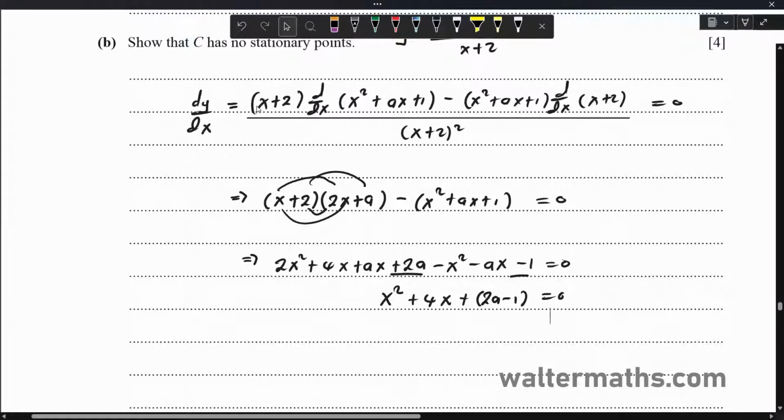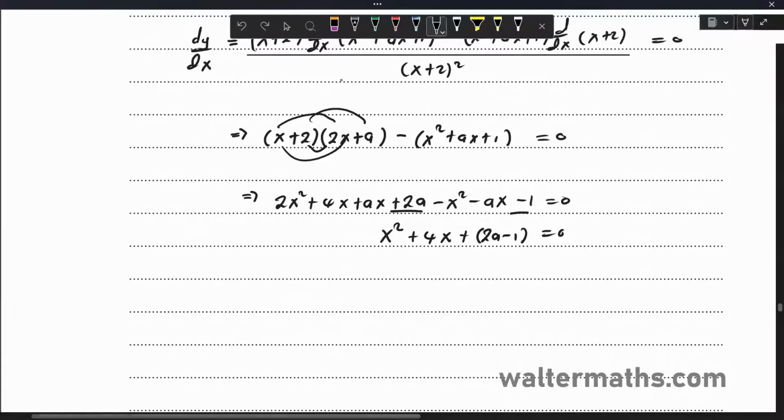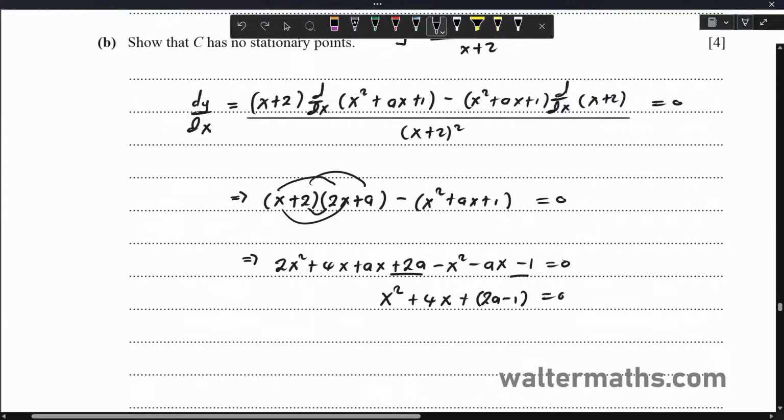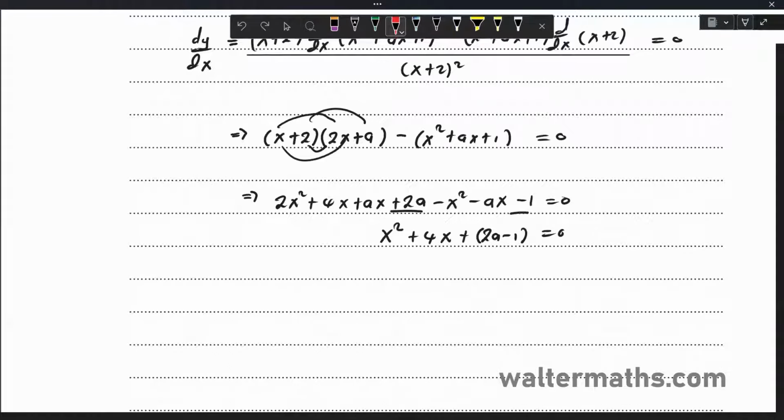Now, do we have stationary points existing? They want us to show that there are no stationary points, so let's test using the discriminant, b squared minus 4ac. For what we have, a is 1, b is 4, and c, the constant, is 2a minus 1.